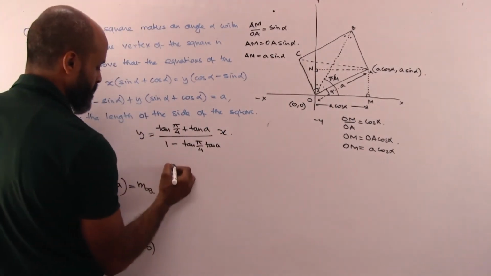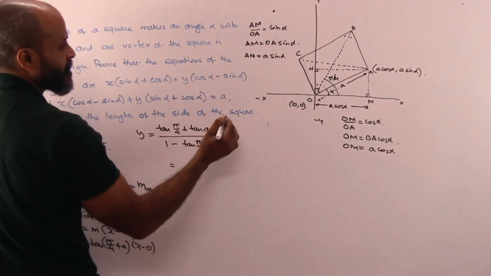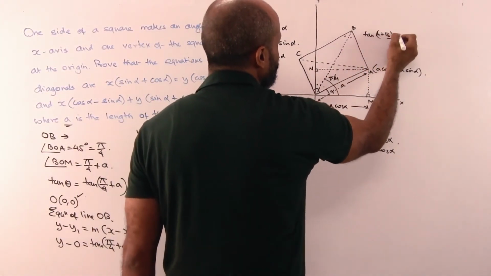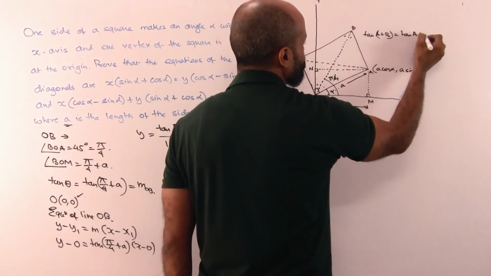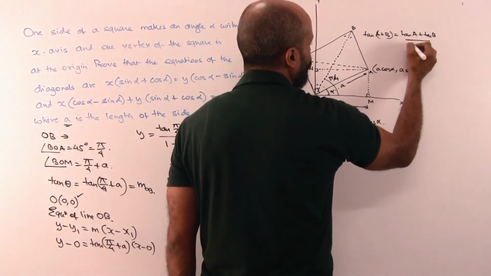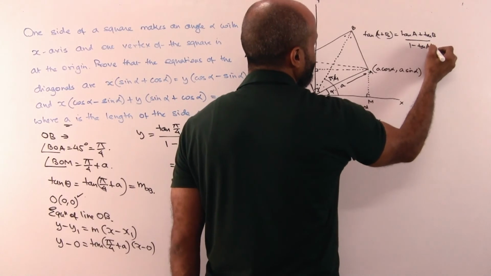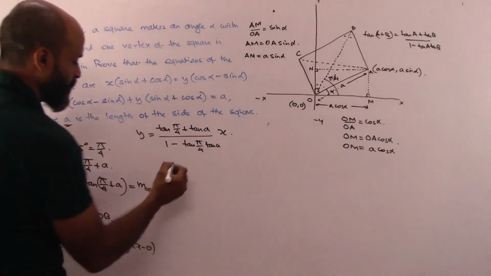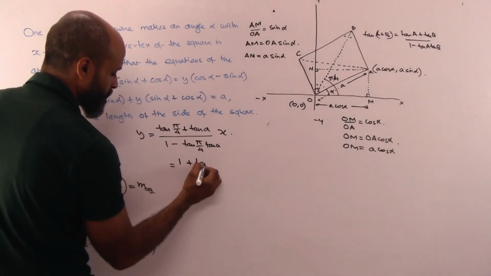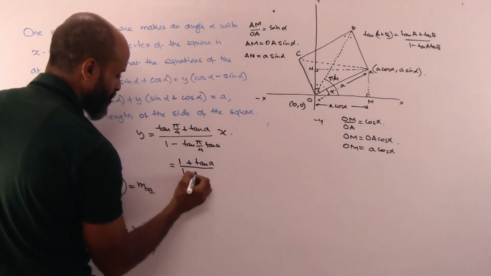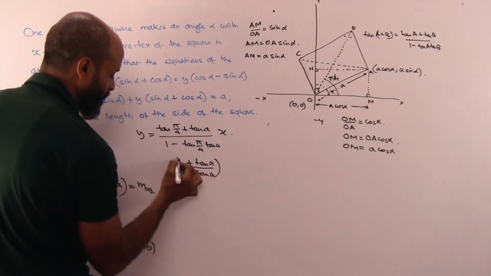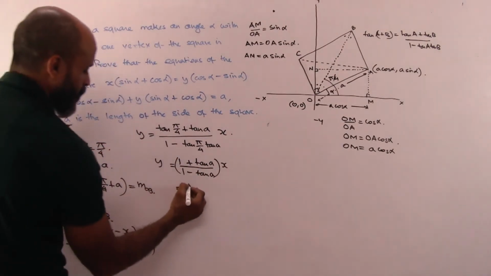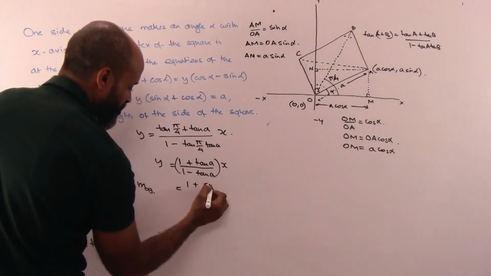Because we know that tan of a plus b is equal to tan a plus tan b upon 1 minus tan a tan b. This is basically the formula of tan a plus b. So tan pi by 4, we know it's 1, so 1 plus tan alpha upon 1 minus tan alpha into x is equal to y. So let's quickly solve this.